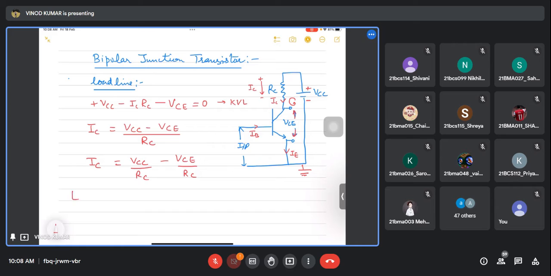So if we talk about load line, this is an important concept to understand.